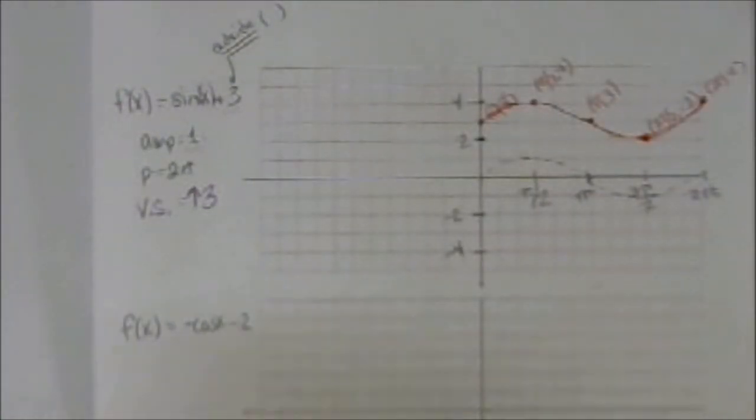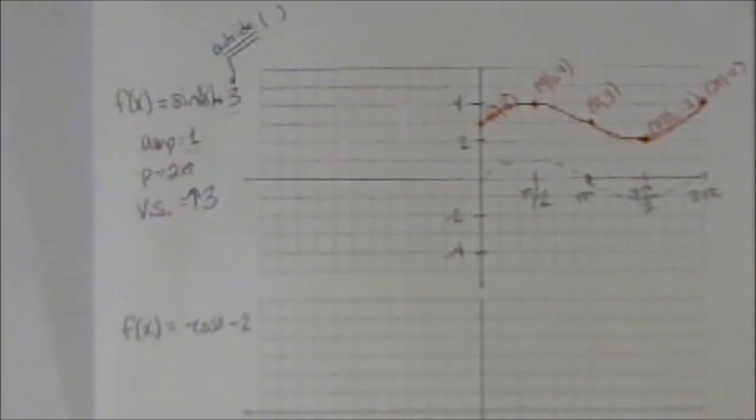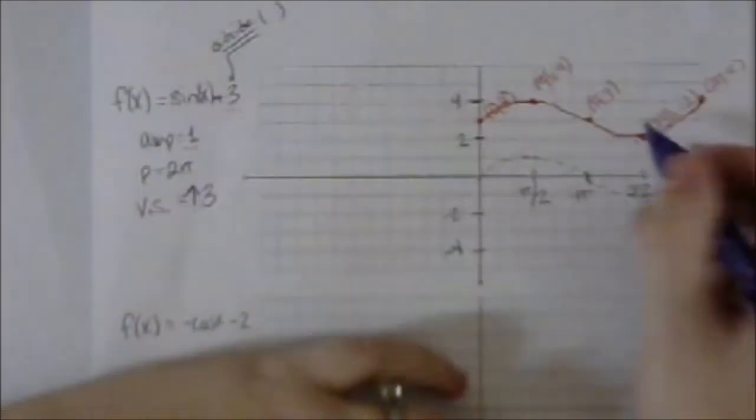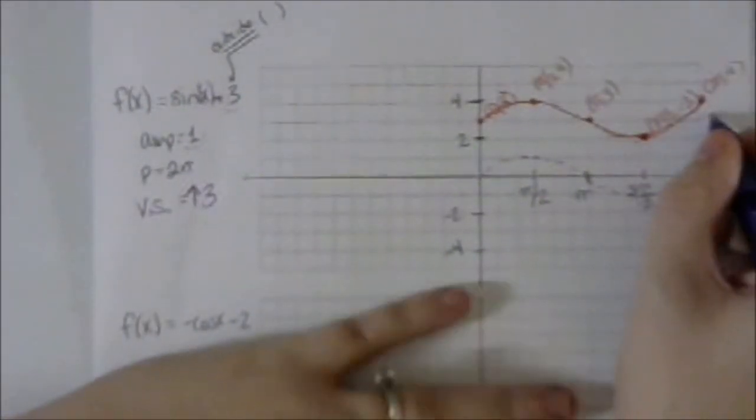When you graph things with a vertical shift, we need to introduce this idea of a midline. During the first part of the lesson, we talked about the critical values being the x-intercepts, the maximum, and the minimum. Well, the max and min are still the max and min, but what was previously an x-intercept is no longer on the x-axis. When referring to trig functions, the key features aren't always going to be standard key features.